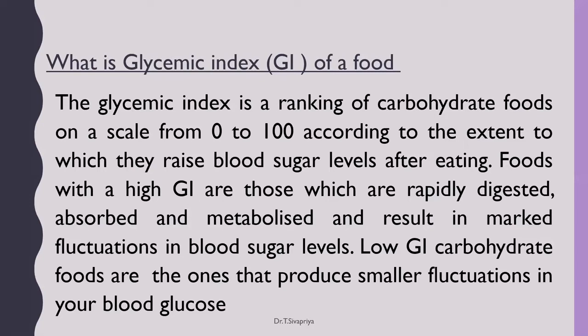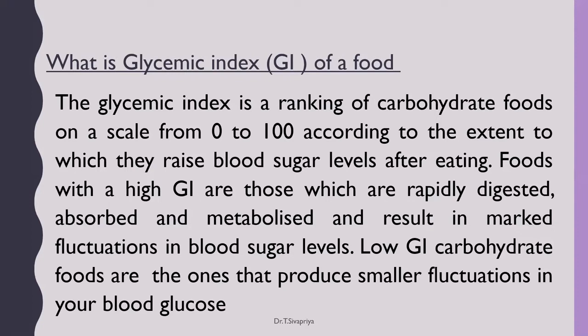Now, coming to the definition of glycemic index. What is the glycemic index of a food? The glycemic index is a ranking of carbohydrate foods on a scale from 0 to 100 according to the extent to which they raise blood sugar levels after eating.